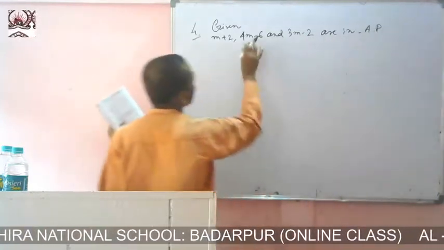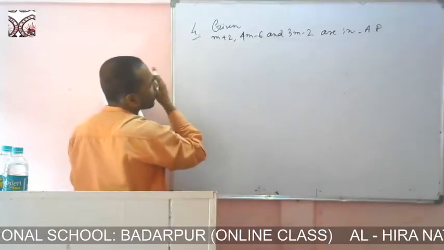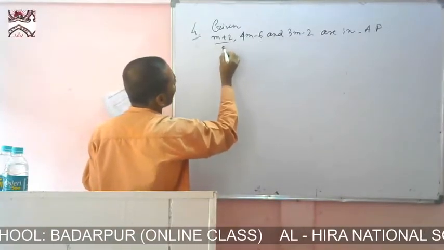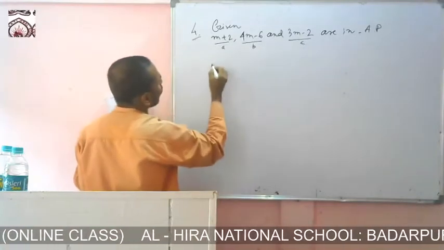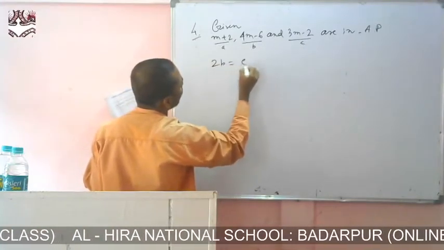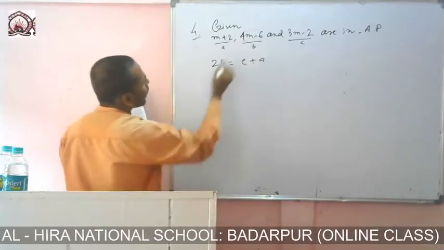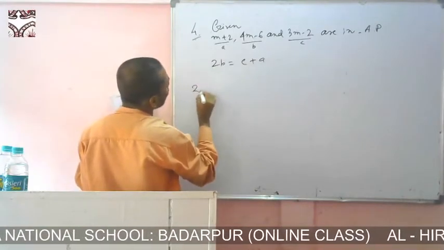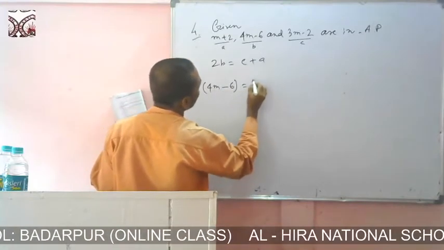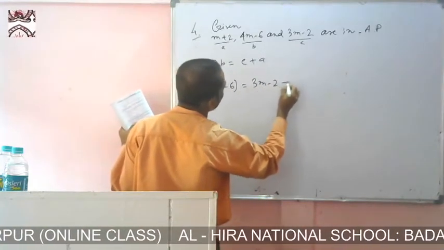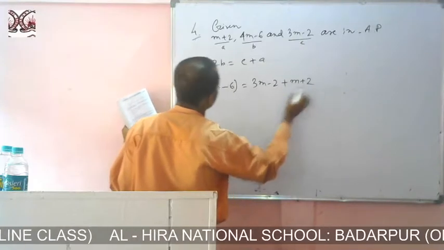So if we take this one A, this one B and this one C, then we are getting twice B is equal to C plus A. So 2 into 4m minus 6 will be thrice m minus 2 plus m plus 2.